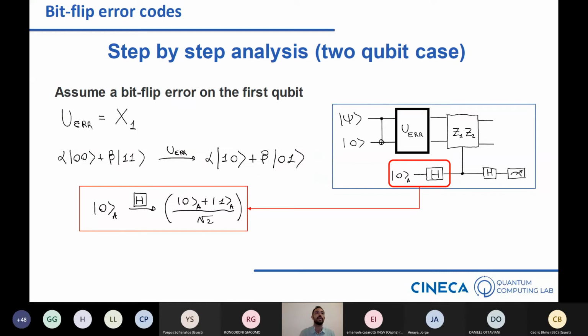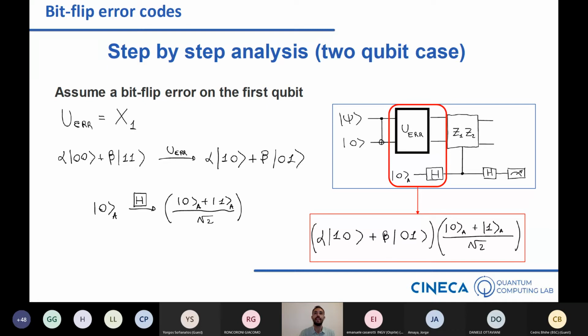So what we are going to do is consider another ancillary qubit, an additional qubit, which is in the plus state. So we apply Hadamard to this qubit. The state at this stage is the initial encoded state but with an error, plus the state of the ancilla.